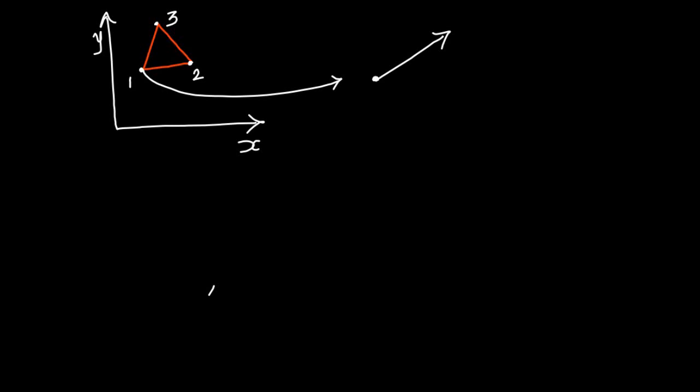What also matters is you have to understand that it cannot get displaced along the z direction. So this is the x-axis and this is the y-axis. This nodal point 1 can get displaced along the xy plane. It cannot get displaced along the z direction.